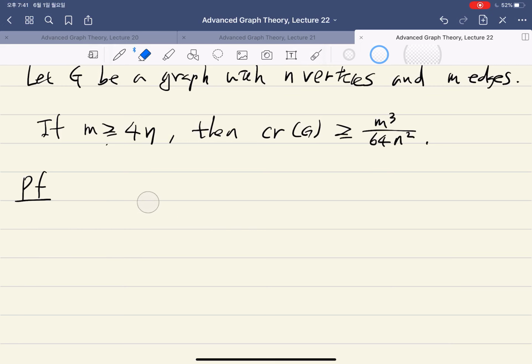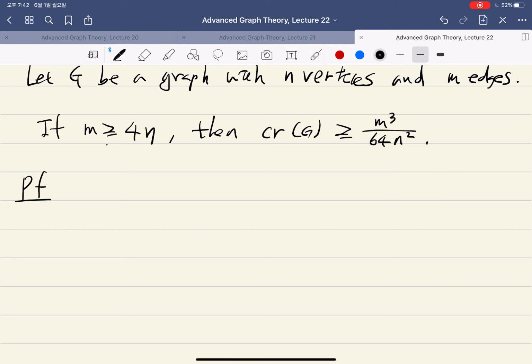So what you do is when you have a pretty dense graph, you randomly choose the vertices with probability p, and then you see this graph remaining, which is not deleted. There you find the relationship using, say, Euler's formula.